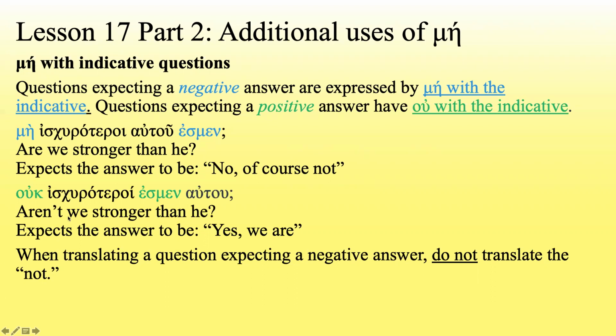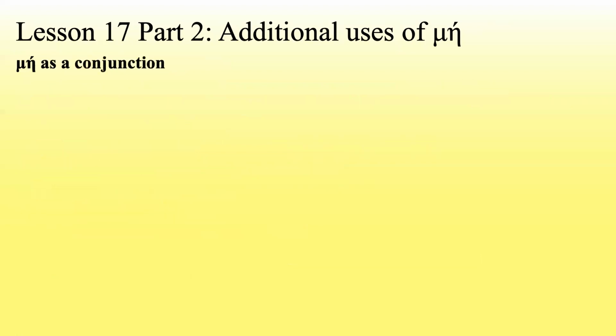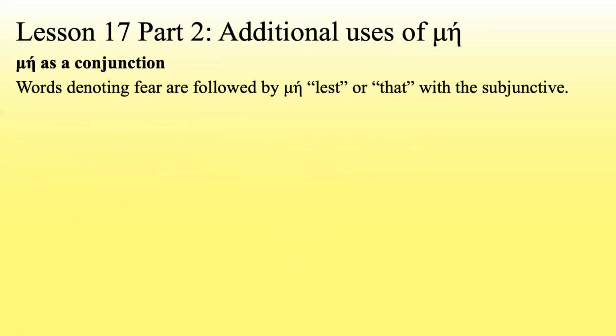It's sort of backwards from the way that a lot of languages do it. But that's how we do it in English. We sort of go the opposite in the question. So if we're expecting a negative answer, such as this one that has mē in it, then we're going to not translate the not.